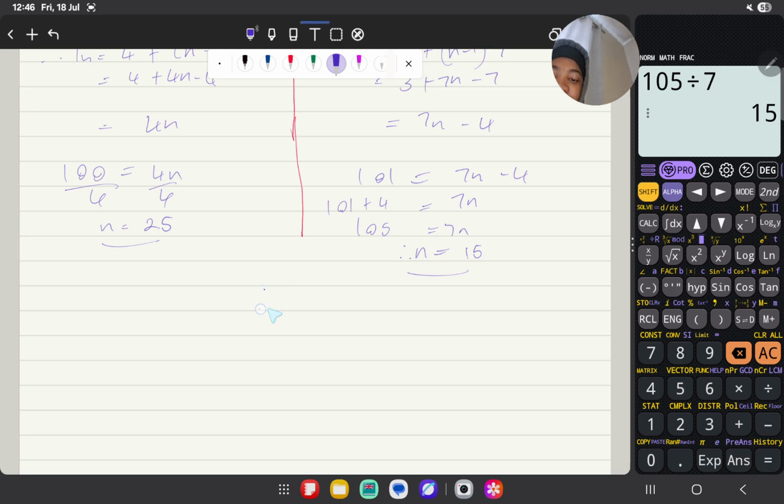Therefore, we can use the formula Sn equals n over 2 times (a plus l).